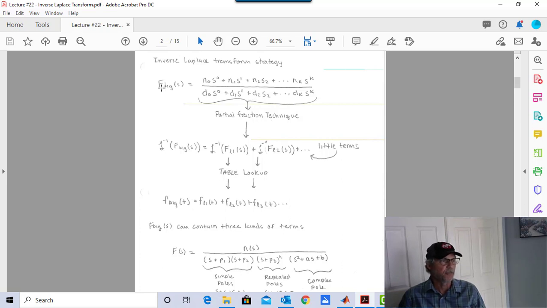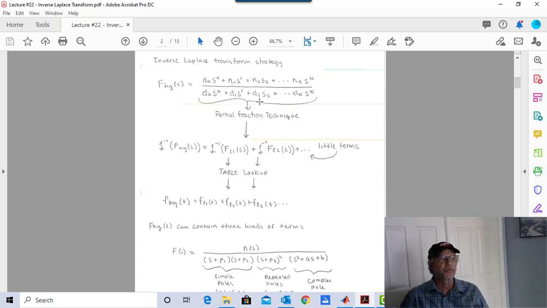which is the inverse Laplace transform of F big of s. And F big of t is going to equal F little 1 of t, or in other words, the inverse Laplace transform of F little 1 of s gives us F little 1 of t, plus F little 2 of t, plus F little 3 of t. And this really just shows exactly what we're going to do.